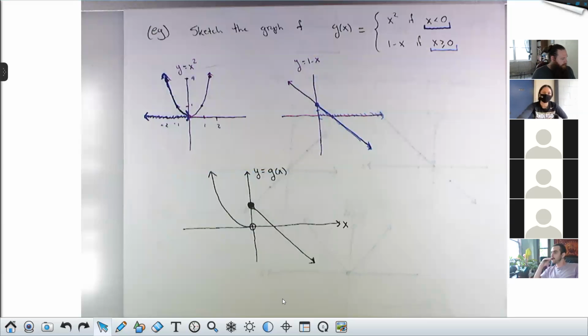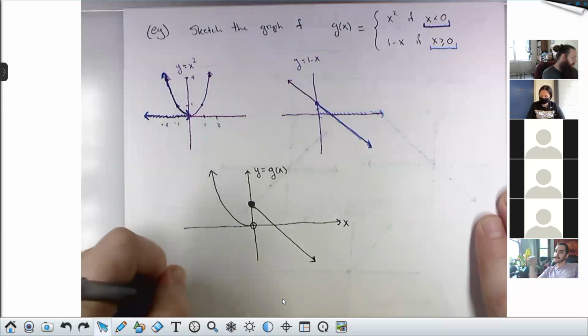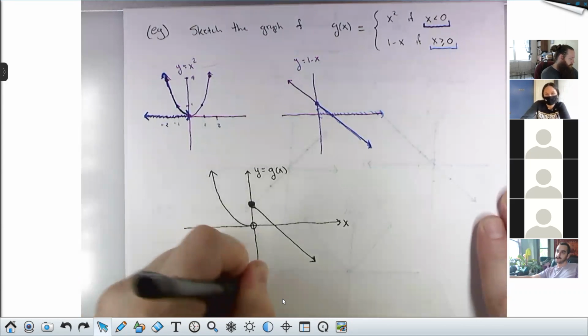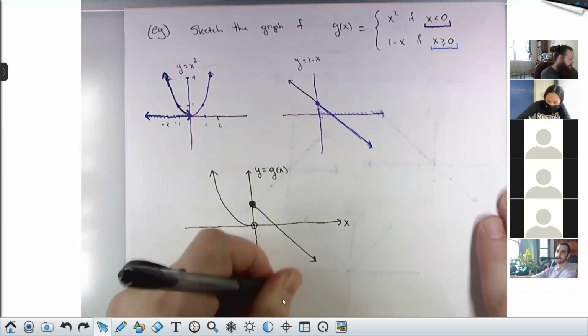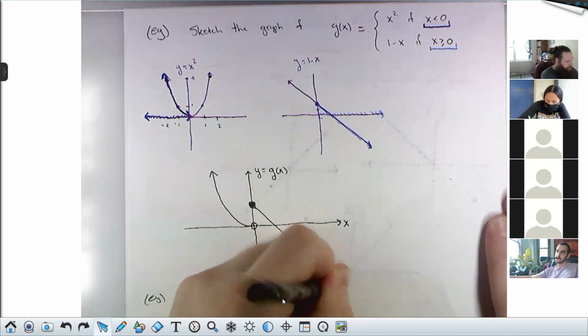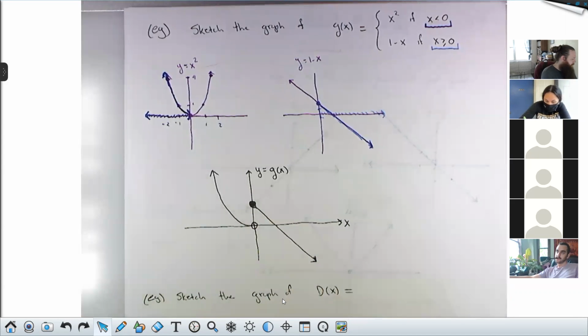Okay. One last piecewise function to bake your noodle a little bit. This one also has a funny name. We'll call it capital D of x.